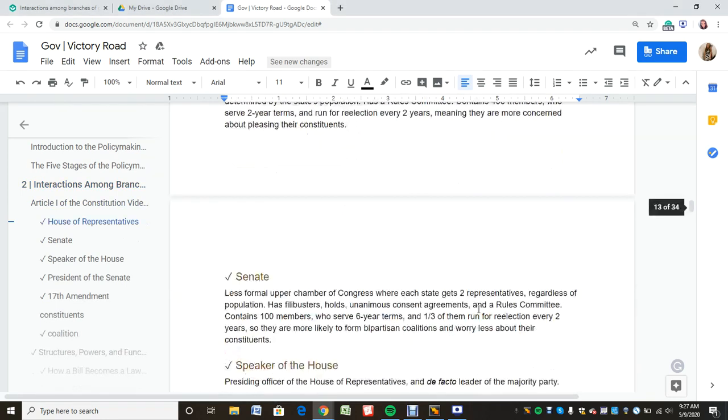So we're going to get into the Senate now. So, in general, the Senate is the upper chamber of Congress, and each state is given two representatives to satisfy that idea back in the New Jersey Plan that the small states wanted. This is the upper house, and they're much less formal with their proceedings, and they are famous for stalling.